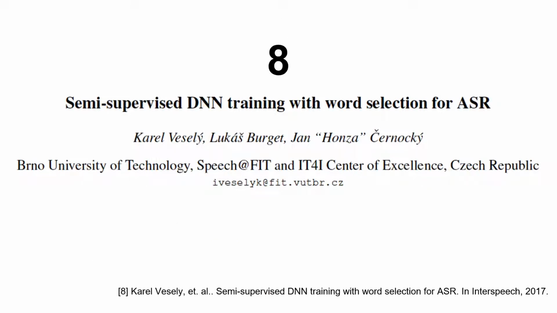So the second, and I think the last detailed paper which we will talk about, is semi-supervised DNN training with word selection for ASR, before we move on to the actual case study.